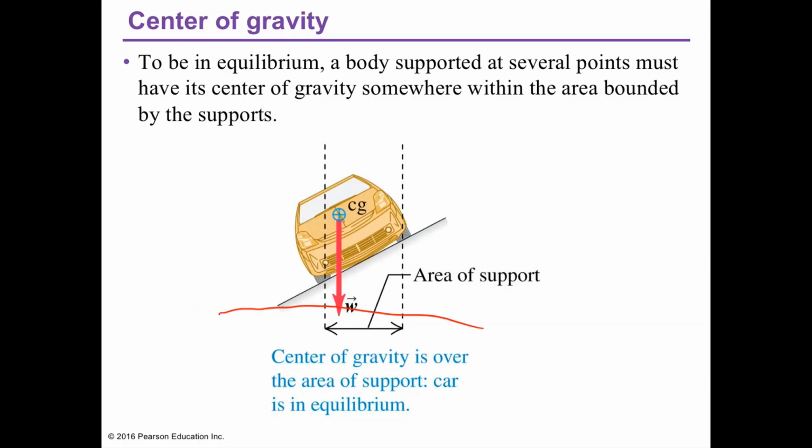If this road is inclined at an angle, and your car is driving or parking on it, your car wouldn't tip over if this angle is not very large. Your center of gravity actually falls between the area of support.